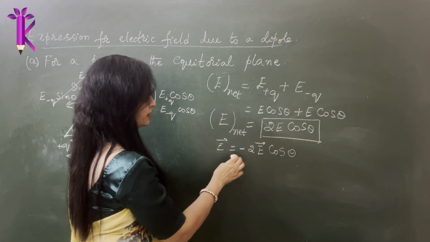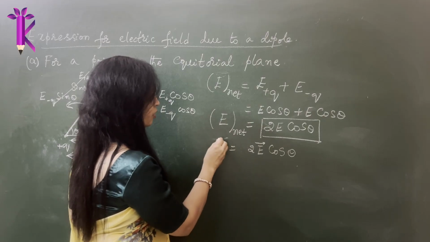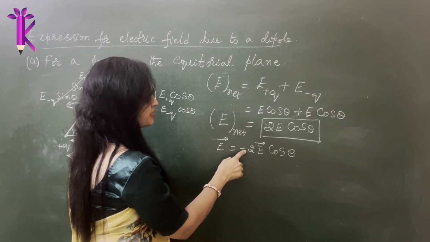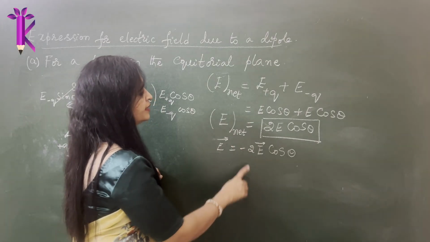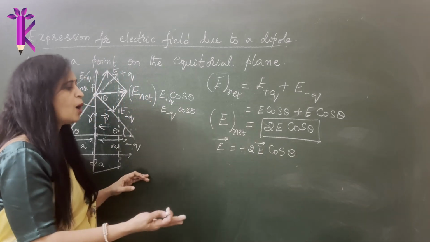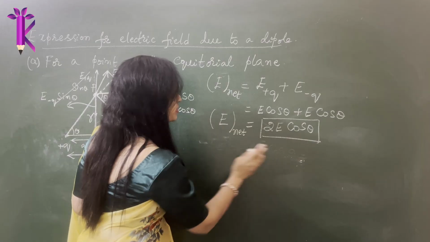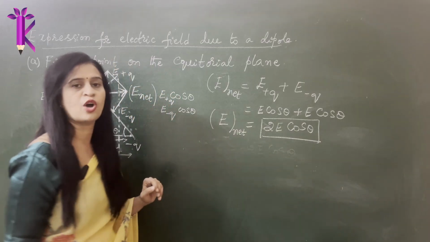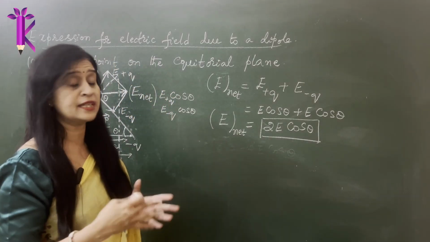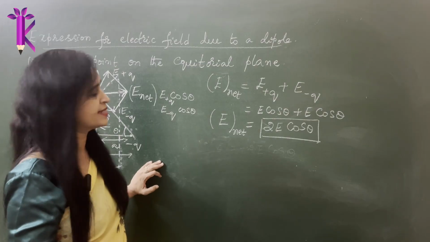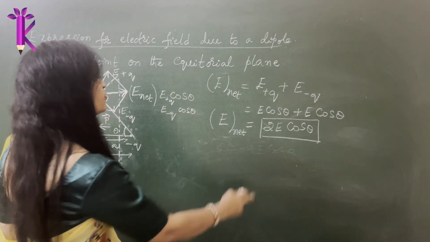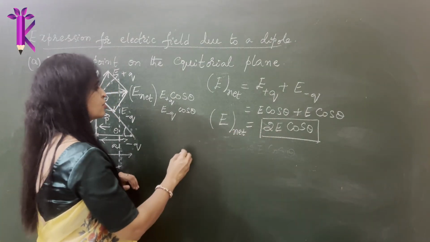This minus sign only suggests that it is in the opposite direction. If you do not write a minus sign, you can just state that the direction of the dipole is opposite to that of the net electric field. So we have to write the expression for E and also cos theta.